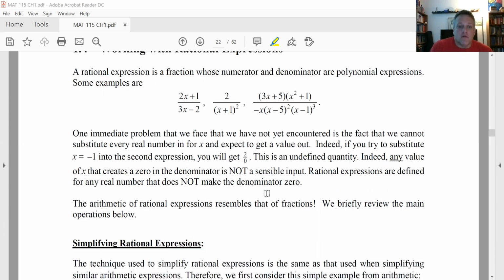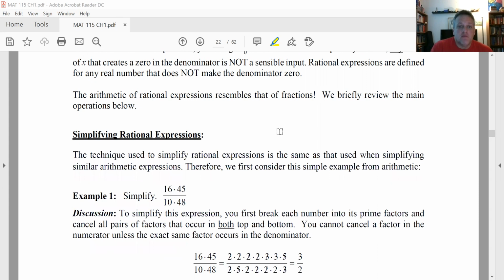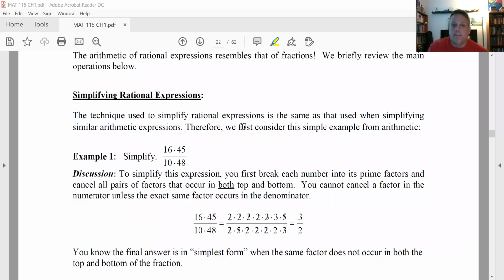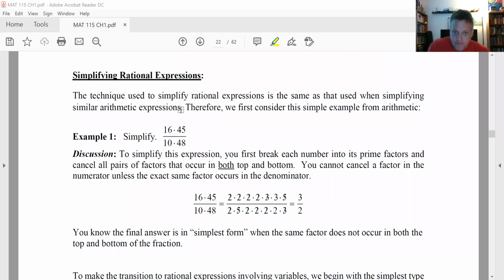All right, so let's actually look at simplifying rational expressions right off the bat. So what we'll try to do each time is look at an example of fractions involving numbers first, and then we'll emulate that when we look at rational expressions involving variables.